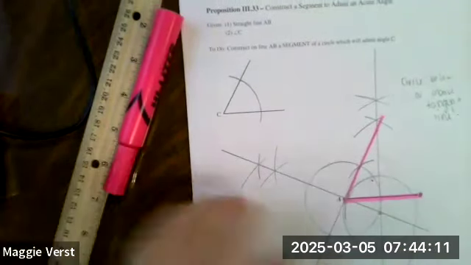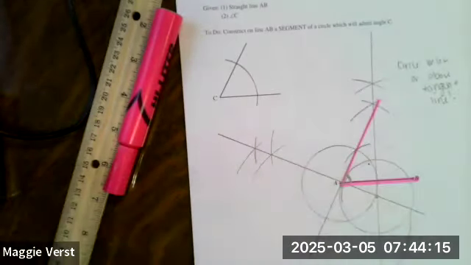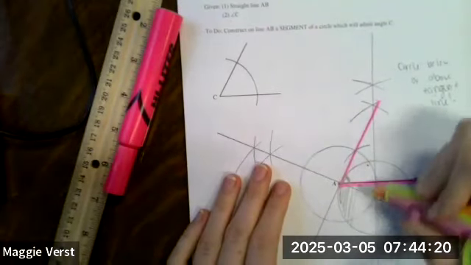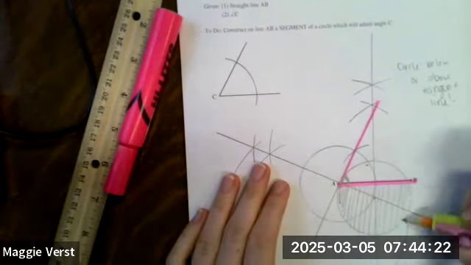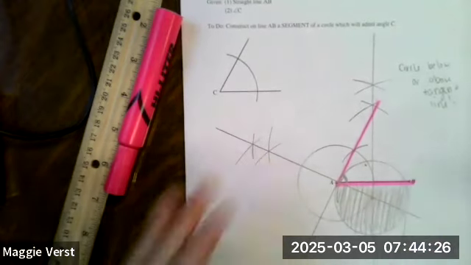Now keep in mind, if the angle is here, the shaded part has to be on the other side of that. So the whole part down here is shaded. And that's it.